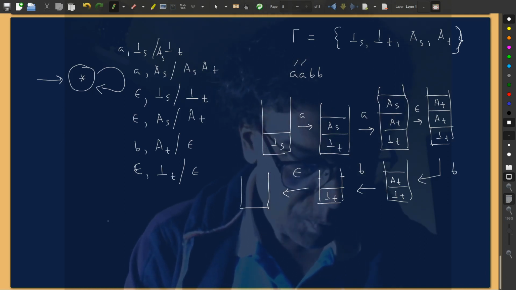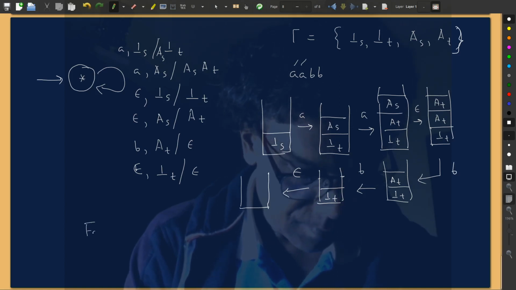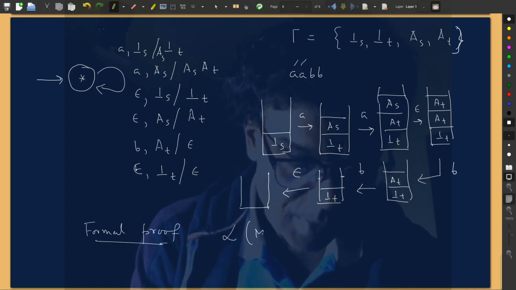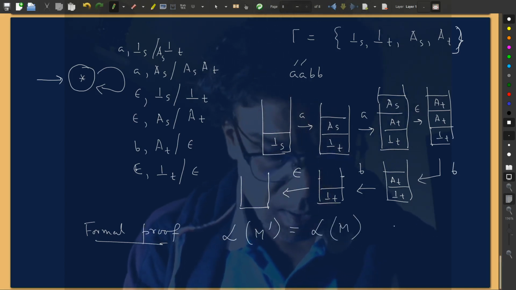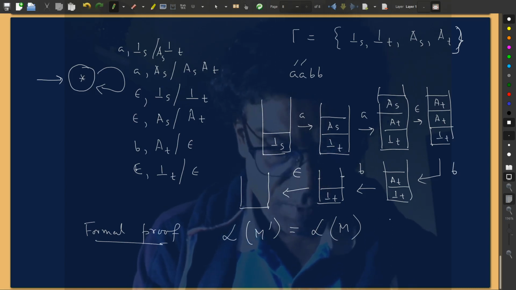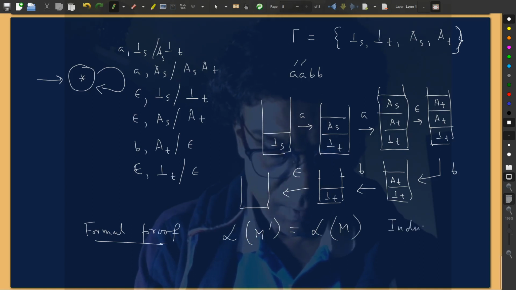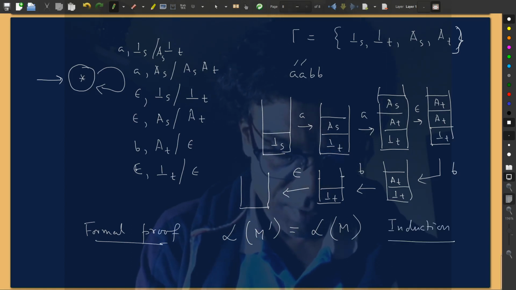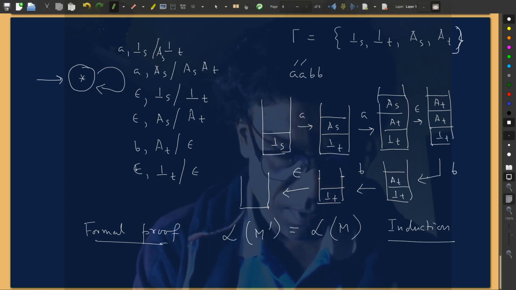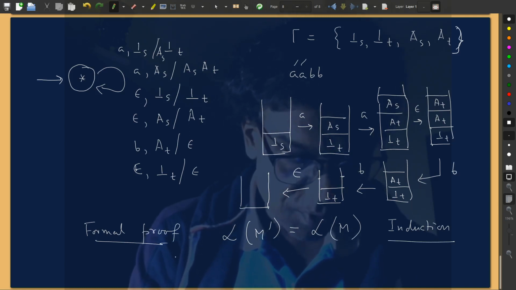So the formal proof shows that the language of M prime is the language of M. It is intuitively clear for us, but it requires a formal proof, and for that you can go by induction on the number of steps of this transition. Here 1, 2, 3, 4, 5, 6. So 6 transitions. So use something like that.